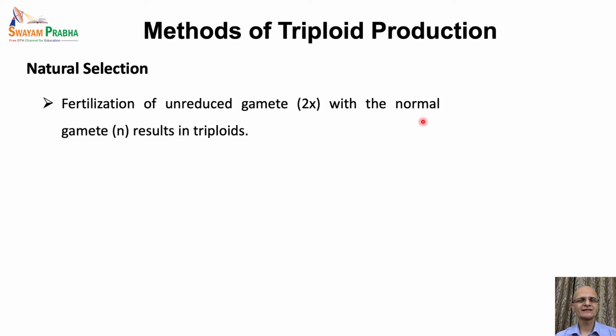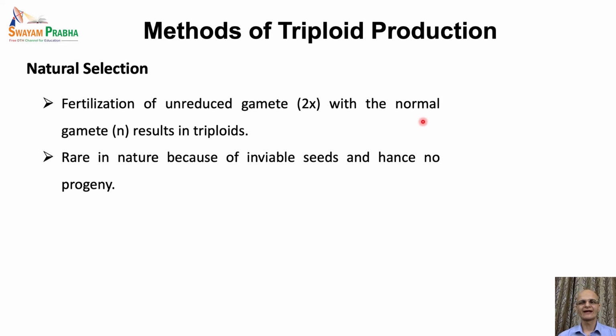Their frequency is usually low as their seeds are inviable and hence these plants cannot propagate through sexual propagation. So these do not have progenies and therefore even when they spontaneously appear in nature, they disappear with the completion of their life cycle.